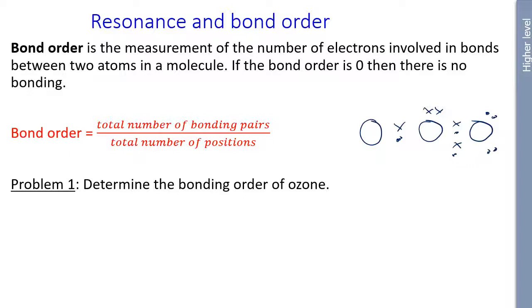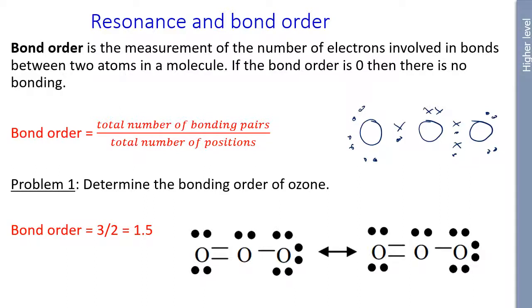And it's got 1, 2, 3, 4, 5, 6, so it must end up with something like that. From that, the total number of bonding pairs is 3, and the total number of positions is 2. So the bond order is 1.5, and there is actually a resonance form for it as well.